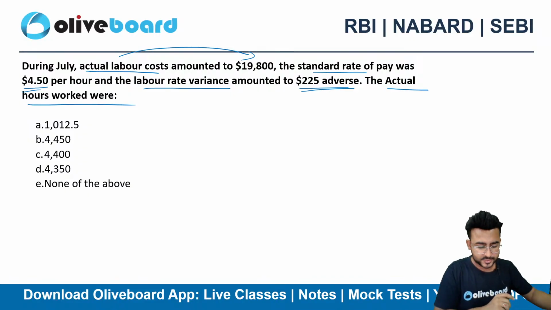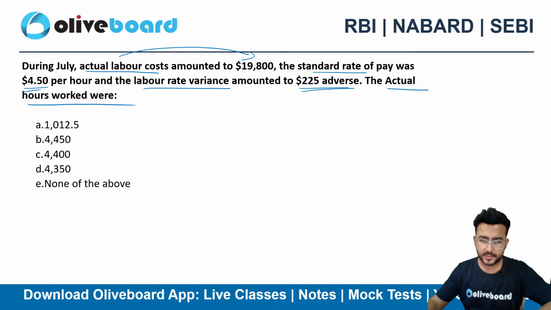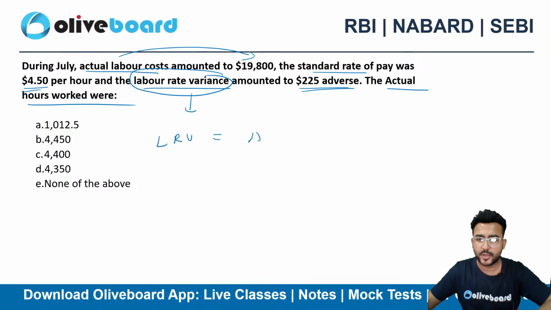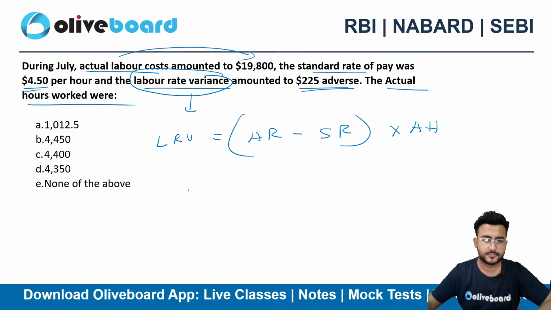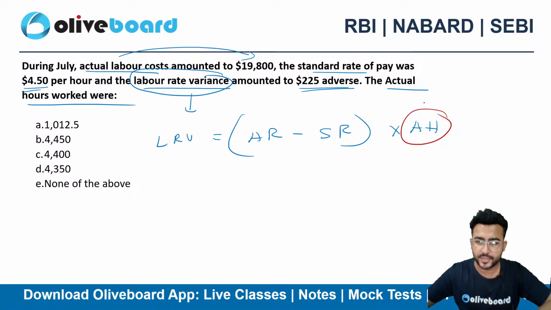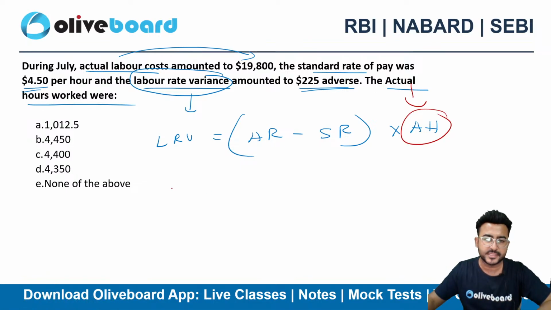Now you can solve this only if you know the formula. The formula to calculate labor rate variance is nothing but actual rate minus standard rate multiplied by the actual hours. So you need to calculate the actual hours here, as stated in the question. So this will be the balancing figure.